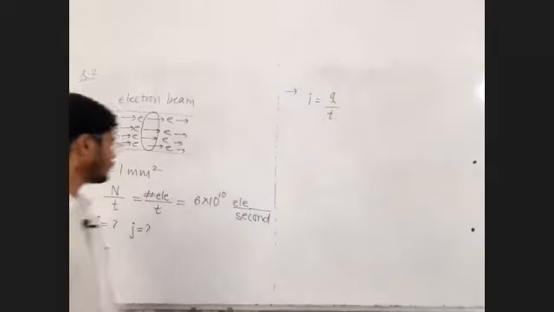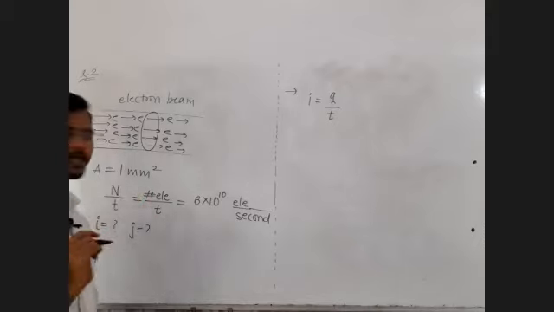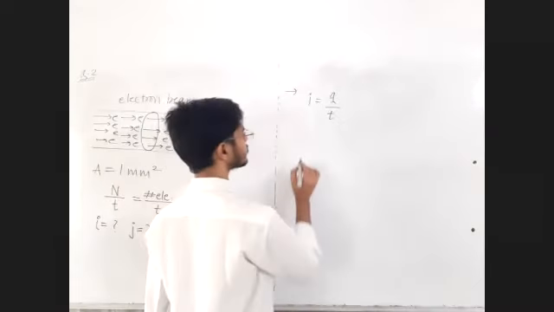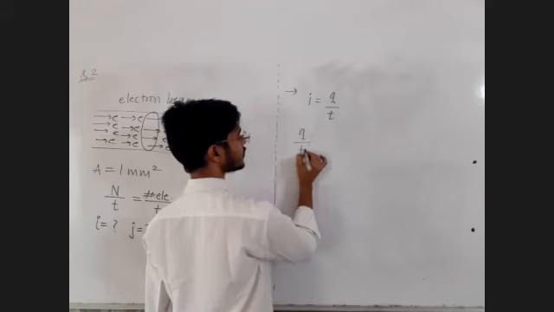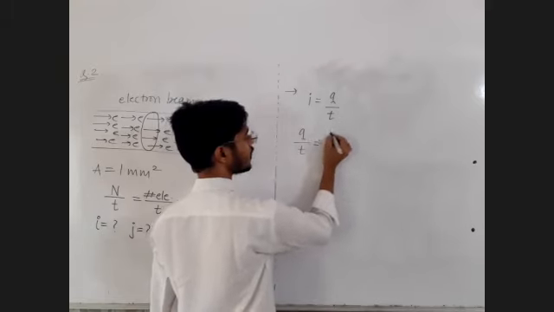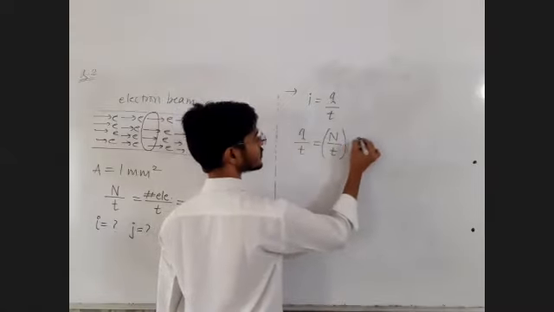Okay, how to find out charge flown? To find out charge flown, we have number of electrons flown per second. So can I write charge flown per second is equal to number of electrons per second into charge on single electron?